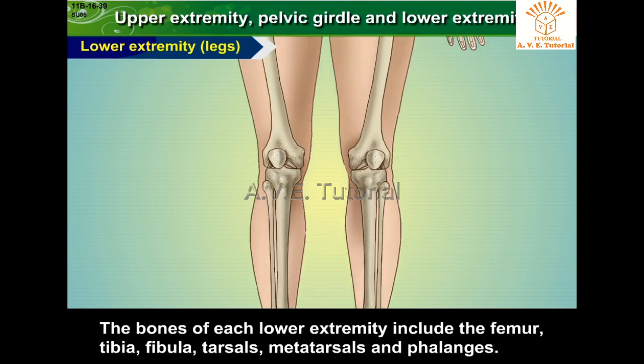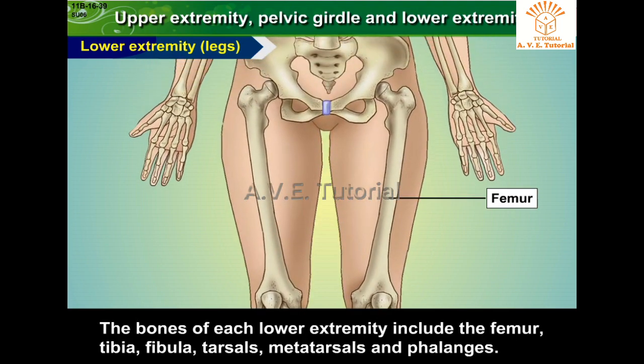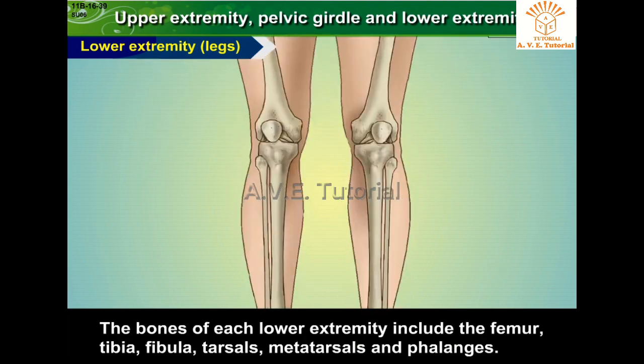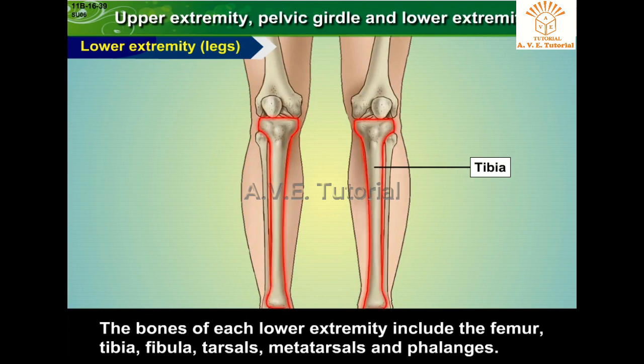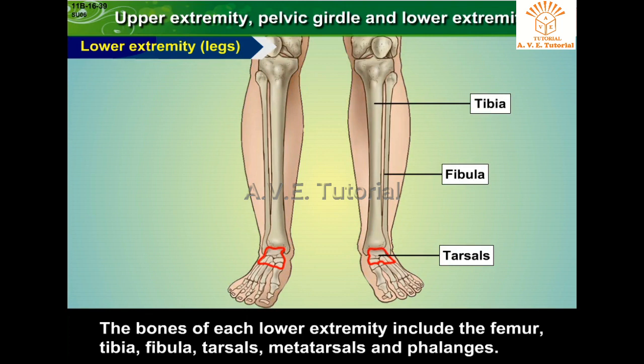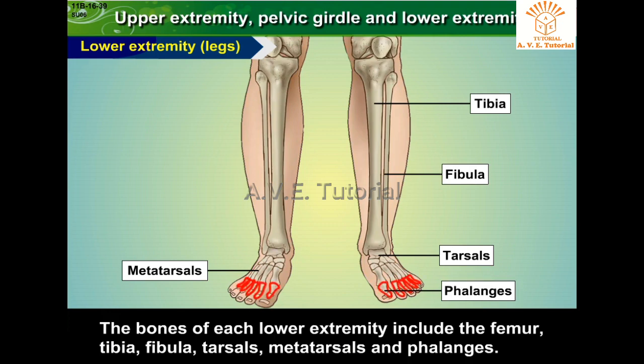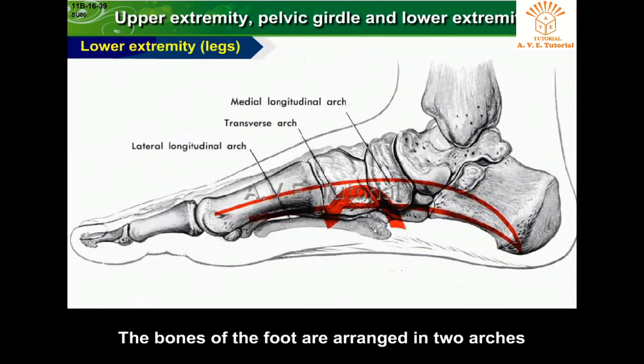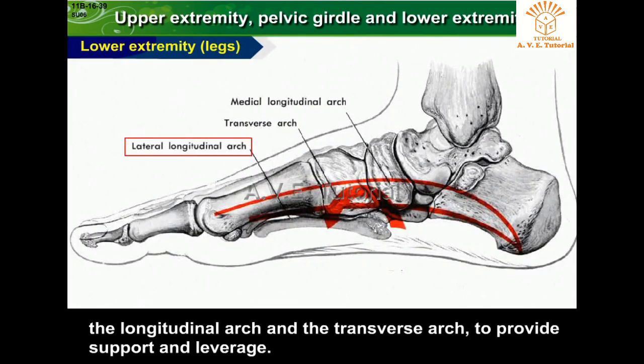The bones of each lower extremity include the femur, tibia, fibula, tarsals, metatarsals, and phalanges. The bones of the foot are arranged in 2 arches, the longitudinal arch and the transverse arch, to provide support and leverage.